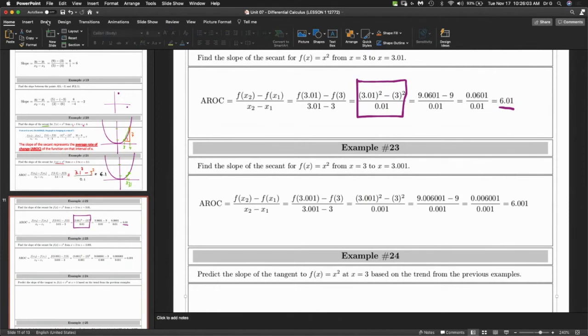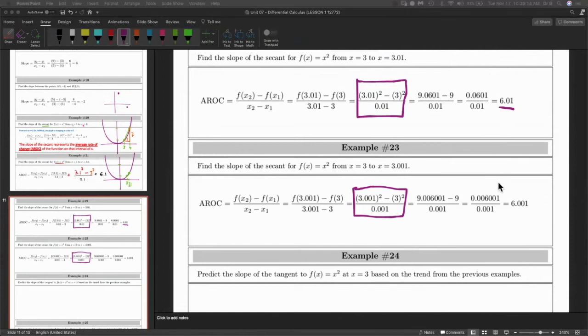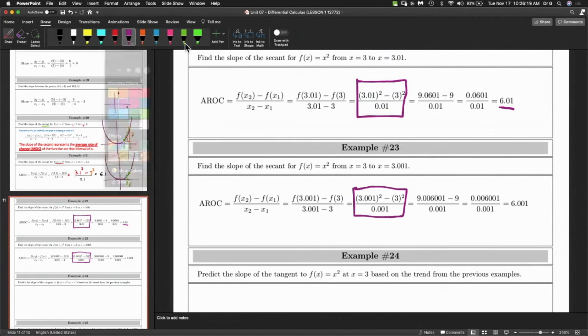But regardless of what you do, you start to see a trend emerging. Over here we have an answer that gets closer and closer to 6. So if we summarize this together, you can actually figure out, or at least predict, based on a trend, what the slope of the tangent will be.